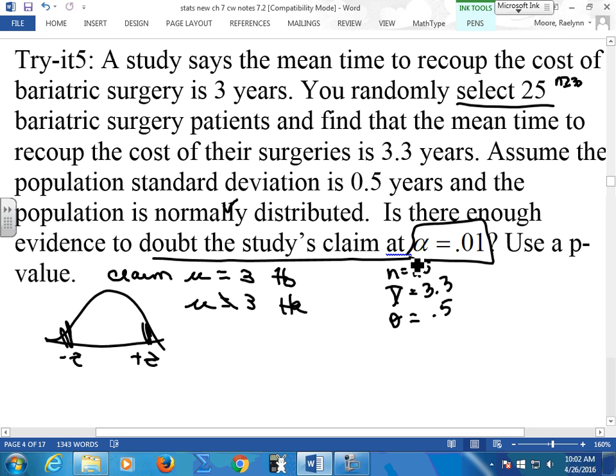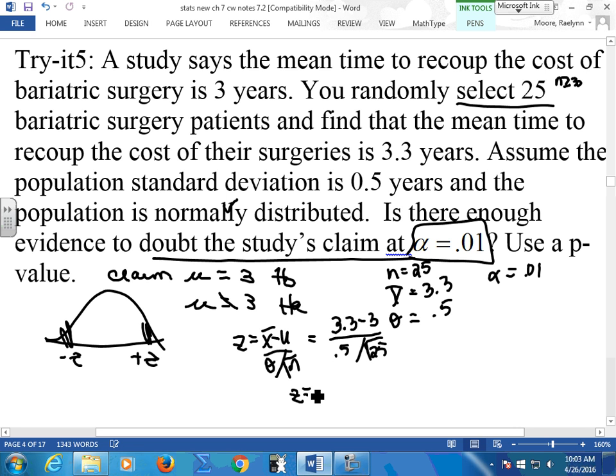We're going to find your area under that curve, and we're going to compare it to your level of significance. To do that, we use your z-score. Remember, it's a sample, so you have to divide your standard deviation by the square root of n. So your x bar is 3.3 minus 3 over your standard deviation divided by the square root of 25.